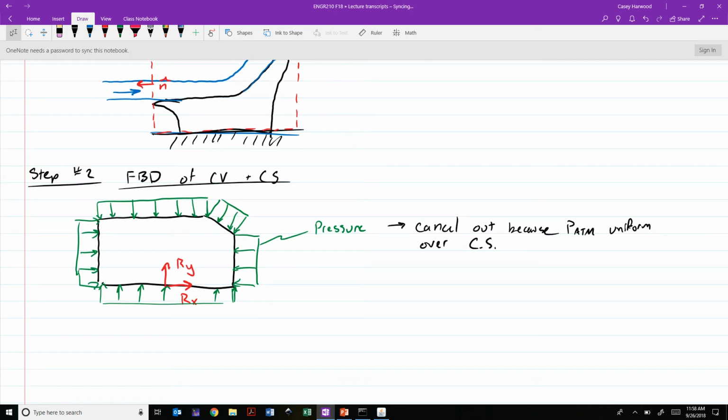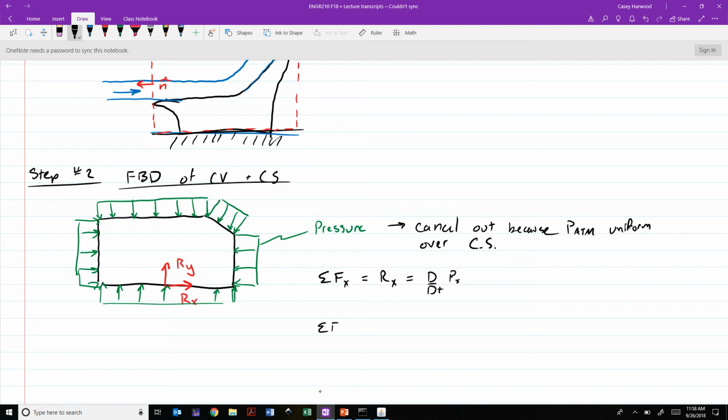Basically, what that leaves us with, from the free body diagram, if we wanted to sum the forces in the x direction, is just the reaction force in x equal to, instead of ma as we would write in dynamics, d/dt of the x component of momentum of the system.